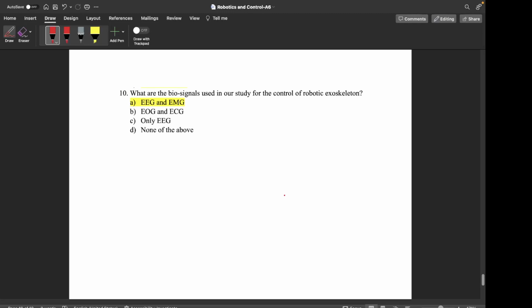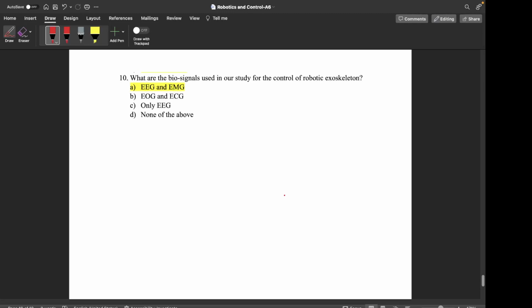So, EEG and EMG. For EMG, we also use surface EMG, not invasive EMG, because invasive EMG is painful, and surface EMG does the job without pain.